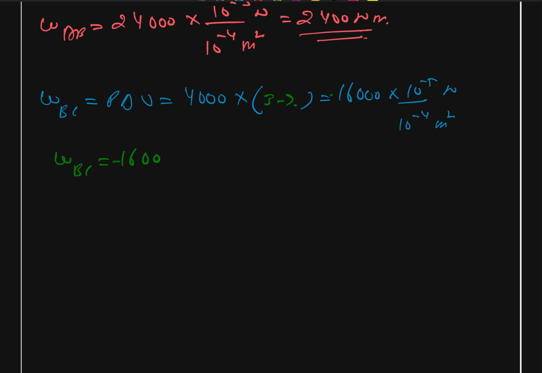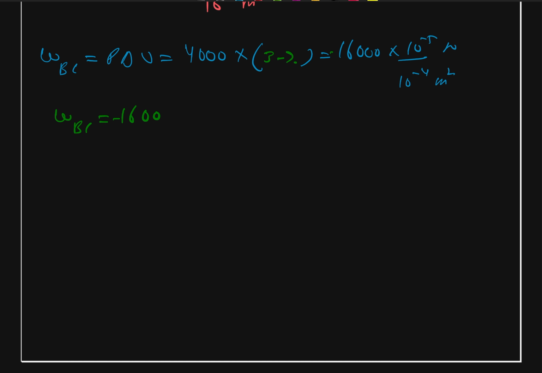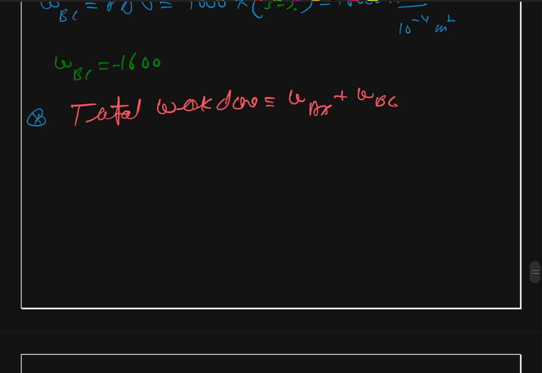So we get the total work will be equal to WAB plus WBC, and we get this as 2400 minus 1600, giving us 800 joules.